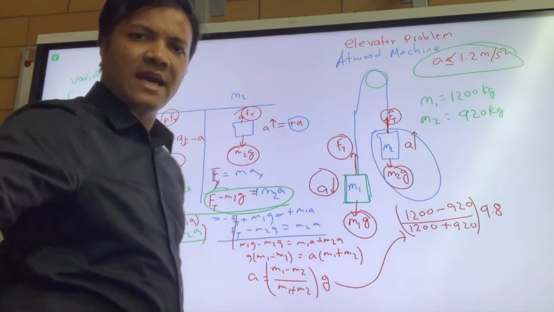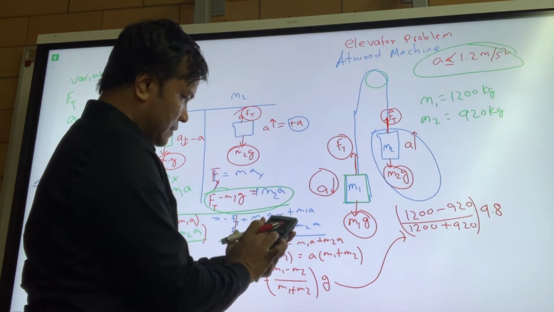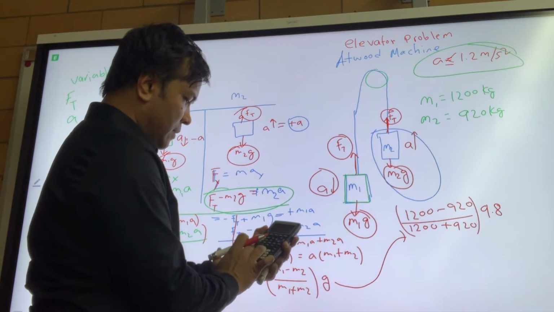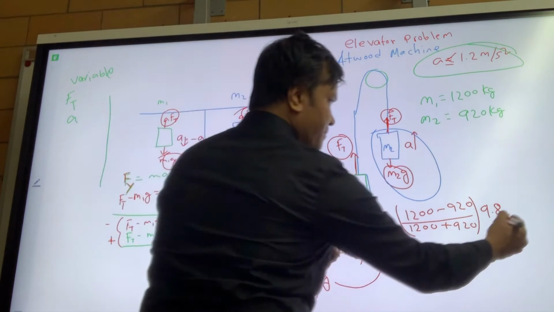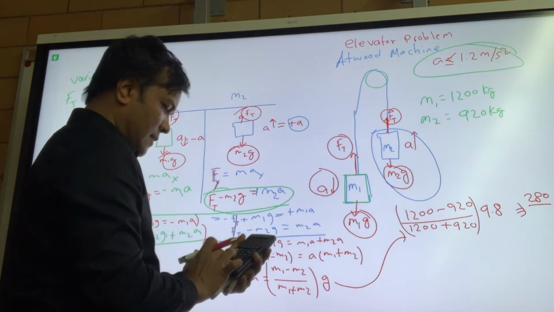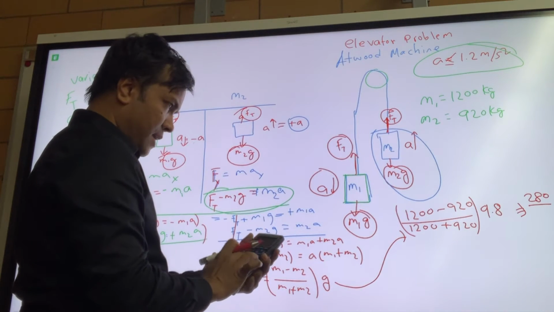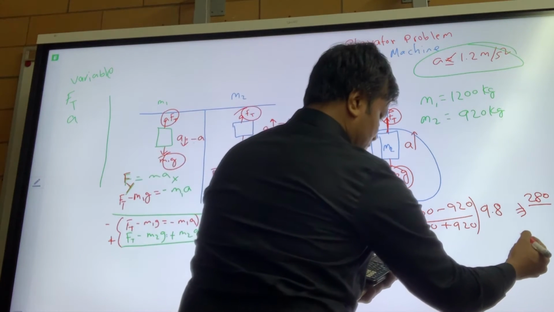So now I'm going to take a calculator and let's see what happens. 1200 minus 920 is 280. 1200 plus 920 is 2120.